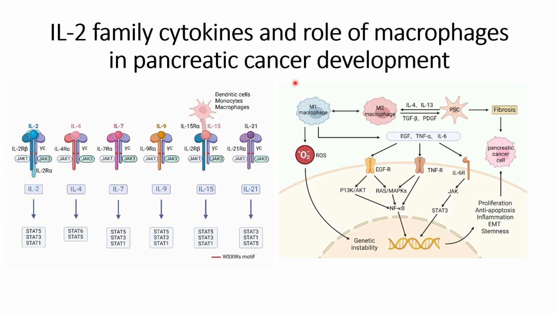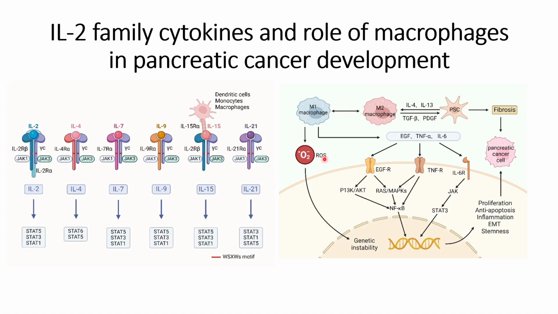How that happens is, first, through reactive oxygen species that are released by these macrophages. When the reactive oxygen species interact with the chronic pancreatitis, it results in genetic instability, and this genetic instability causes a higher probability of mutations during the central dogma process, that is during transcription or translation.